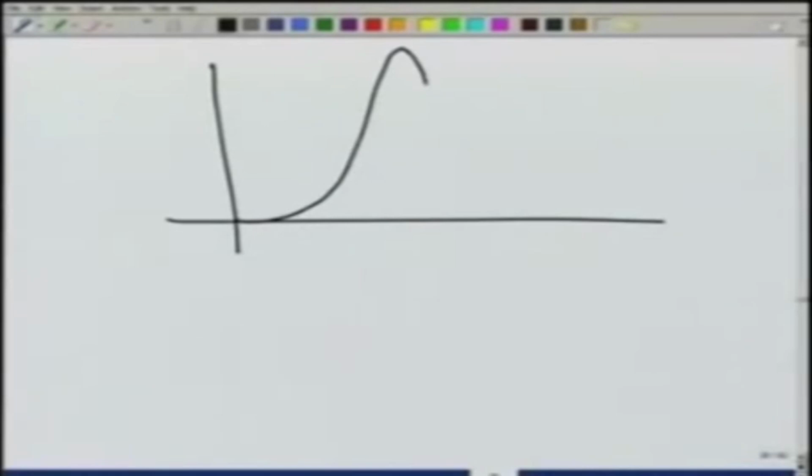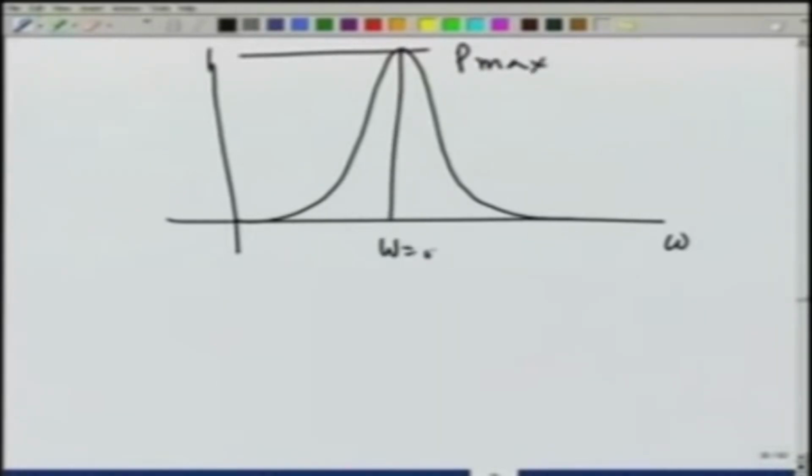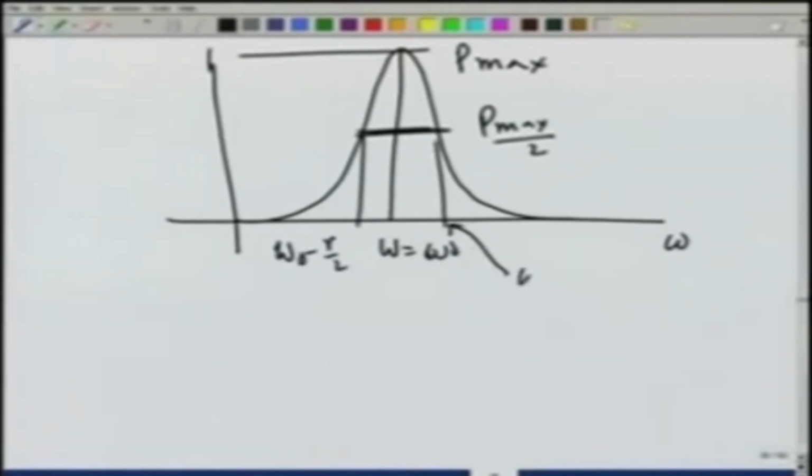Let me recap. When I plot for light damping P average versus frequency, P max is at omega equal to omega 0, and the power absorbed or power supplied falls by half at frequencies omega naught minus gamma over 2 and omega naught plus gamma over 2.